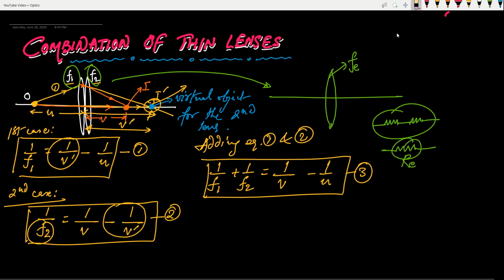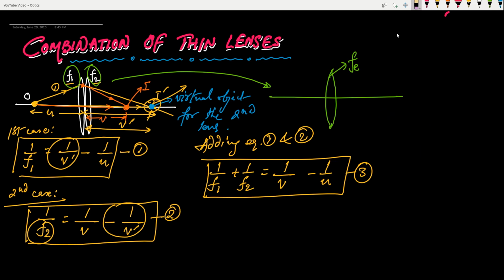The same concept we are applying here. Here we have taken two lenses having focal lengths f1 and f2, and then we are combining those two lenses and writing this as a single lens having focal length fe. Now if we keep the same object here at a distance u, then where will the image form? The image will form at a distance v, isn't it? This will be the image. I hope this much is clear.